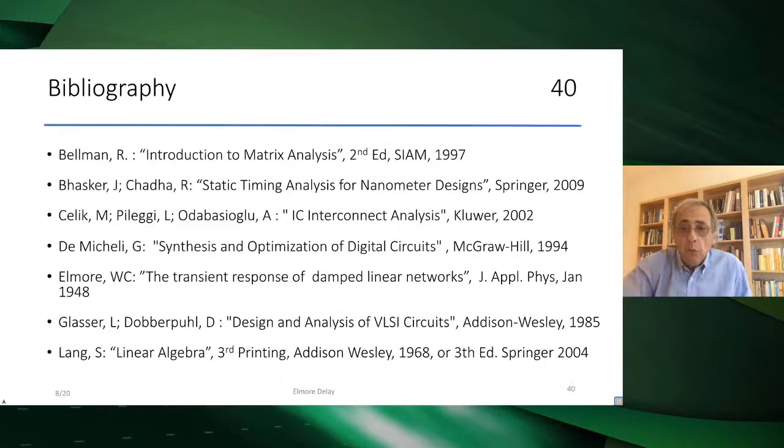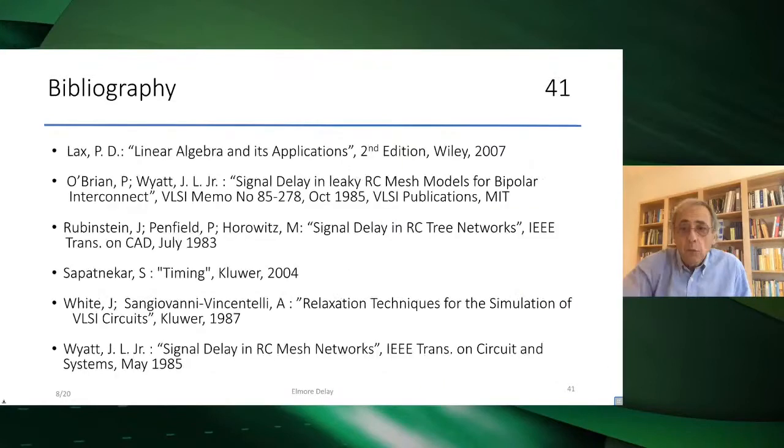I did have the bibliography from you. The classic paper, of course, is Penfield Rubinstein. There are extensions of that time to other cases and all that, and this gives you a little bit of the flavor of that.